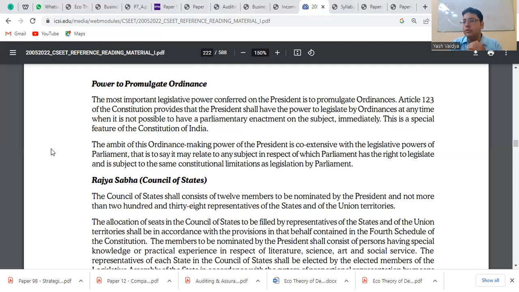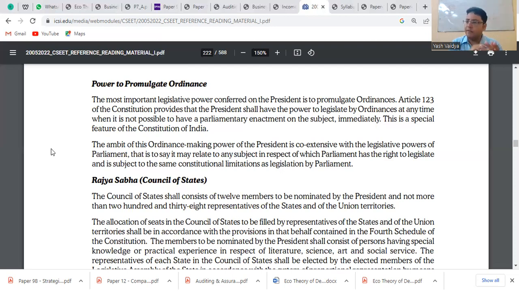Now, what can the government do? The Prime Minister will simply go to the President, and what he gives to the President is an ordinance. He will give it to the President and say, please sign the ordinance. Because if you sign the ordinance, this law will be implemented in the country with immediate effect.